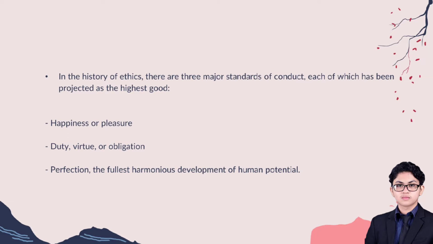Number one is happiness or pleasure, then duty, virtue or obligation, and perfection, the fullest harmonious development of human potential.